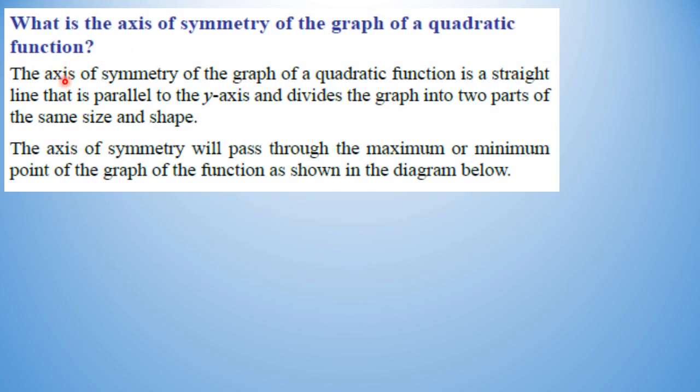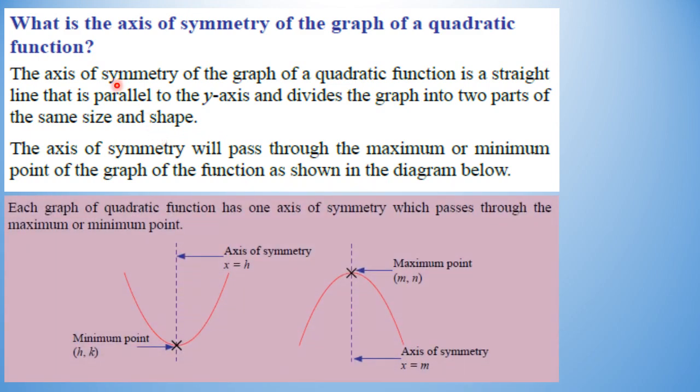What is the axis of symmetry of the graph of a quadratic function? The axis of symmetry of the graph of a quadratic function is a straight line that is parallel to the y-axis and divides the graph into two parts of the same size and shape. Let's look at an example of the graph first. This one is the axis of symmetry, right?